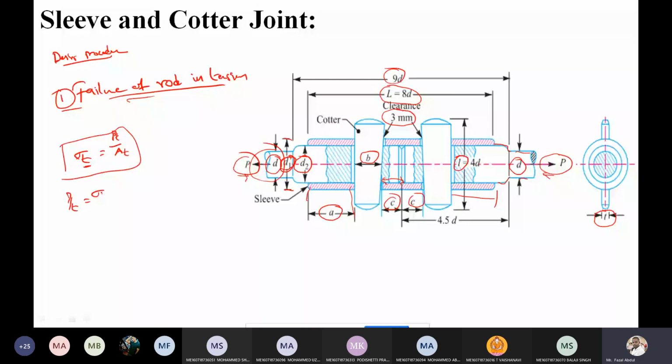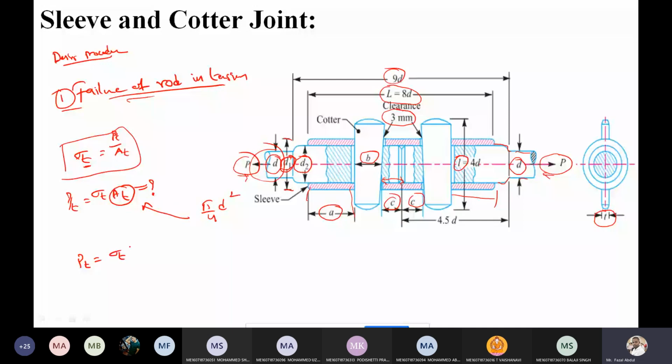Now what is At? At is the failure area of the rod. How much? We don't know, that we have to calculate. The rod is appearing in a circular manner, so what is the area of the circular shaft? Pi by 4 into d square. Write this area here. So Pt equal to sigma t into pi by 4 into d square.